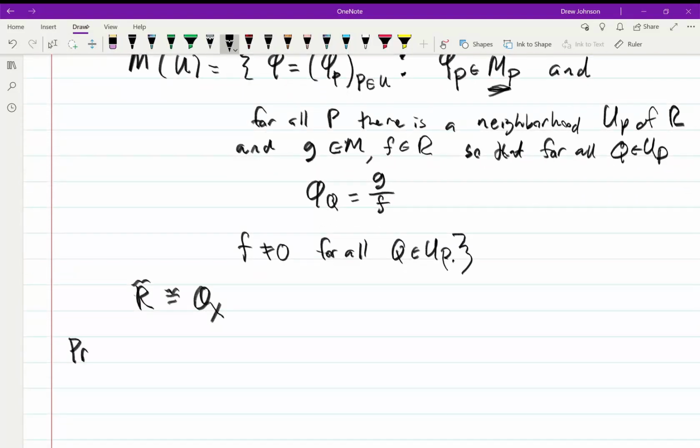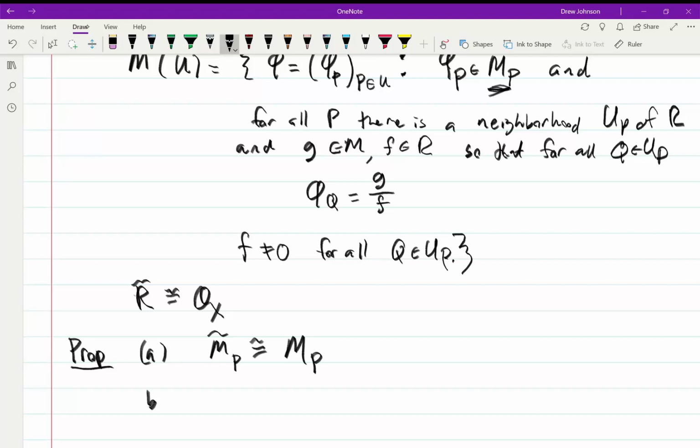So here's a quick proposition. Part A: the stalk of the sheaf M tilde at P, and you can guess what that's going to be isomorphic to. This is isomorphic to M_P, the localization of a module at a prime ideal in commutative algebra.